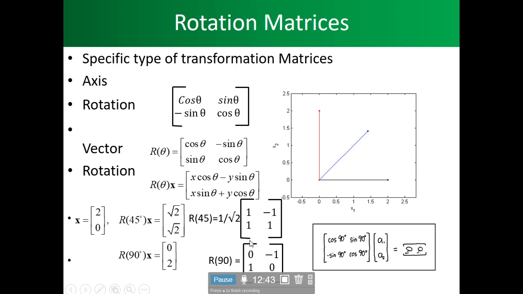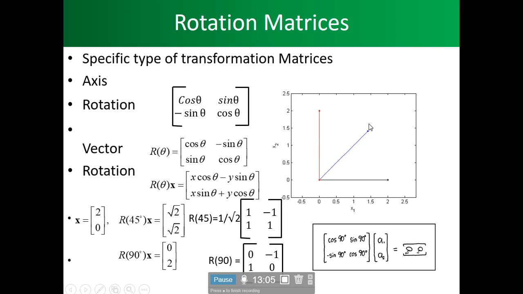And then the sines will be a 1 and a negative 1. So as you can see, there's no square root multiplied here, just as we did have the 1 over the square root of 2 for 45 degrees.